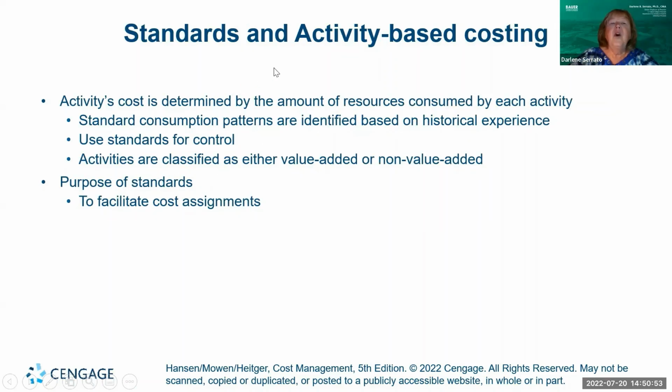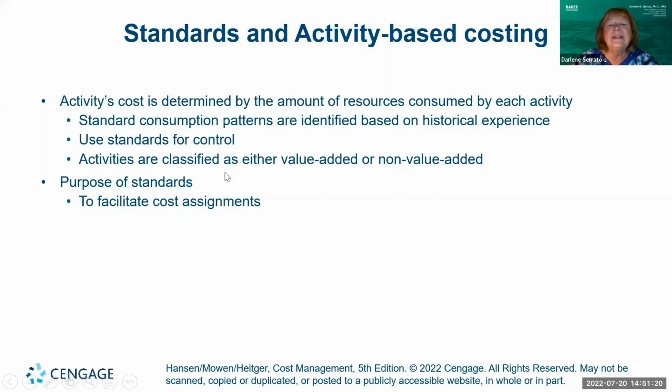So if you're using activity-based costing, or normal costing, your standards for your overhead cost, variable overhead and fixed overhead, your standard rate, typically the term rate is used for labor and overhead.